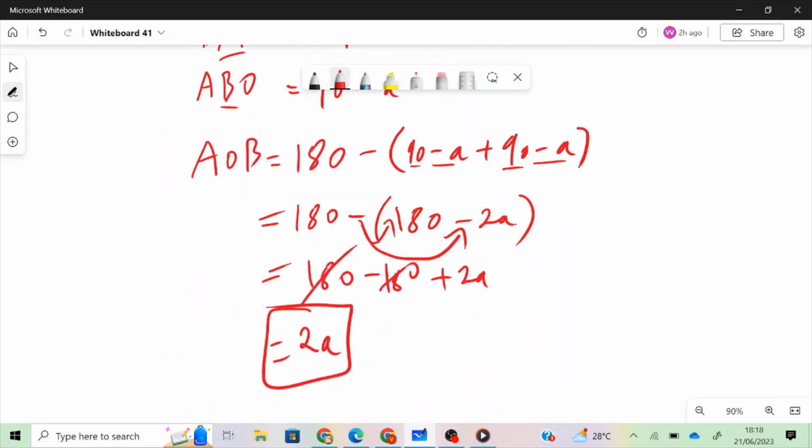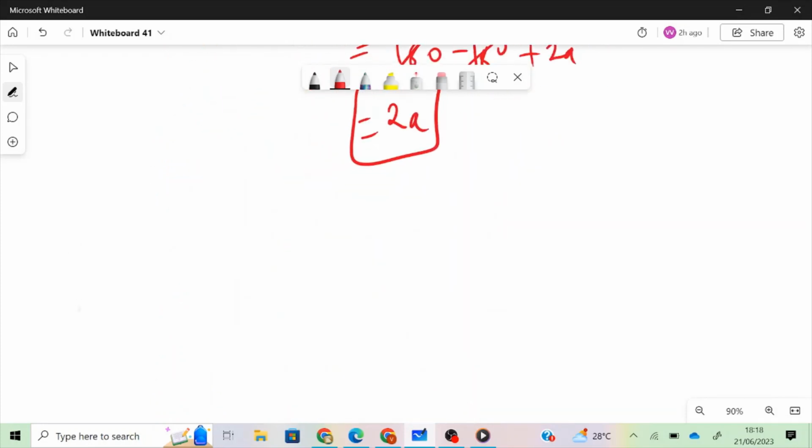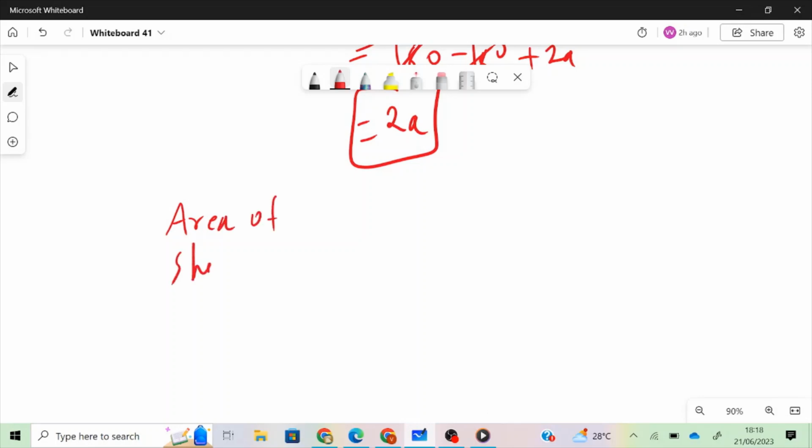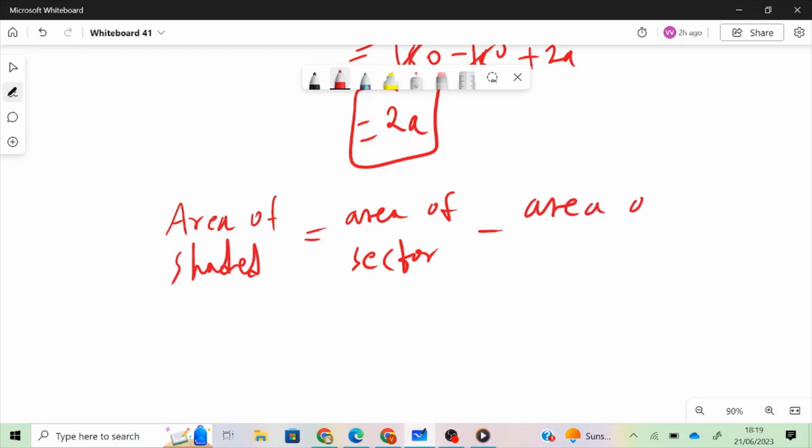To go about this, we would write first off, area of shaded region is equal to the area of sector minus the area of the triangle.